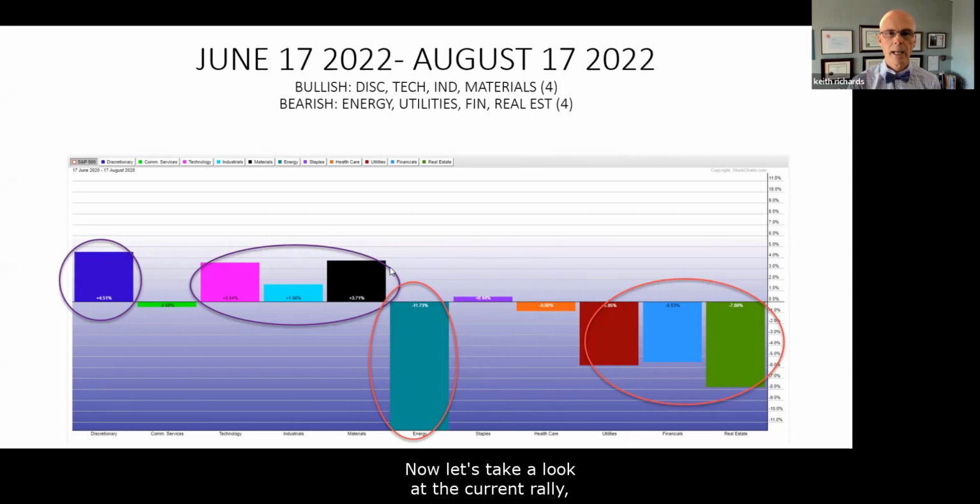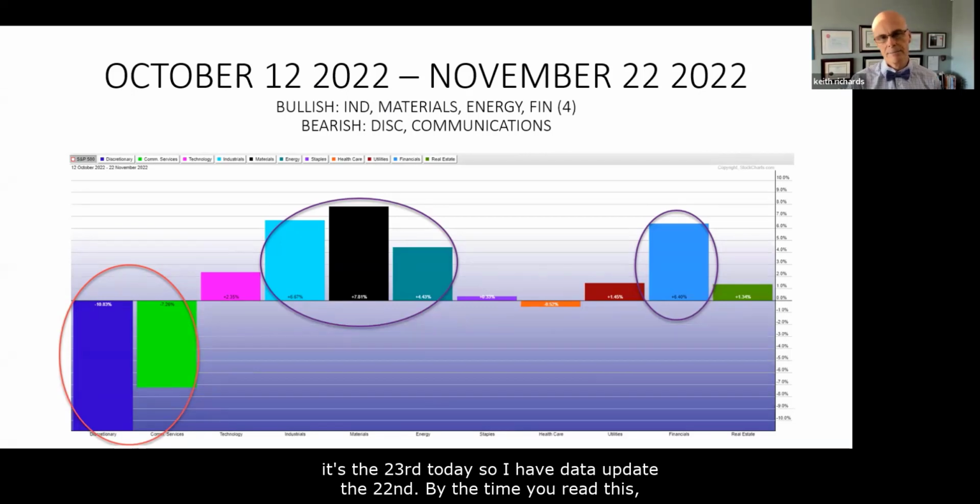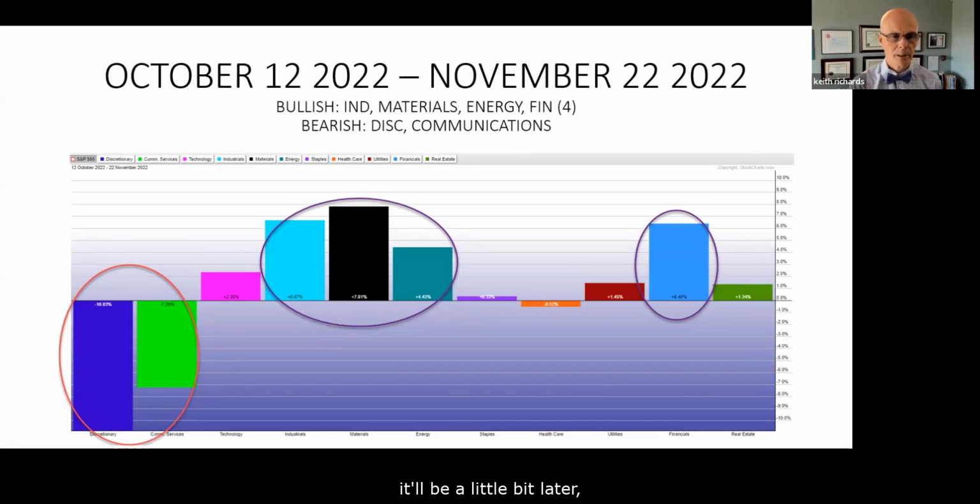Now let's take a look at the current rally, which began on October 12th of this recent fall rally. And as I said, it's the 23rd today as I record this, so I have data up to the 22nd. By the time you see this video, it'll be a little bit later, but you can see that the discrepancies have changed. So energy, in fact, is a winner right now.